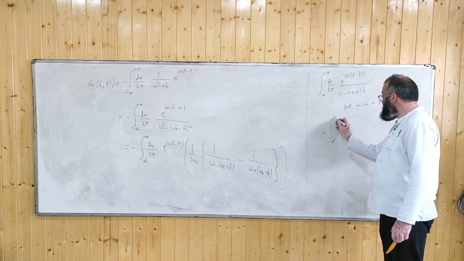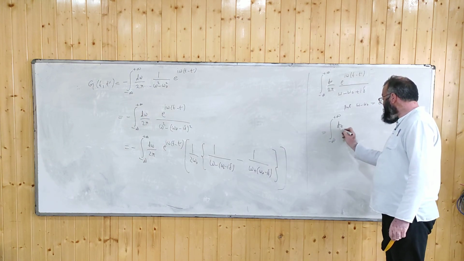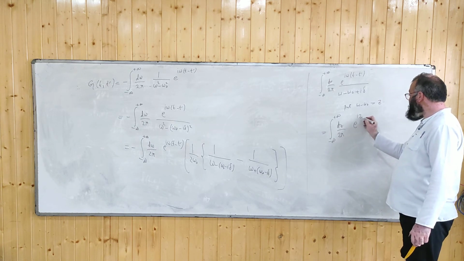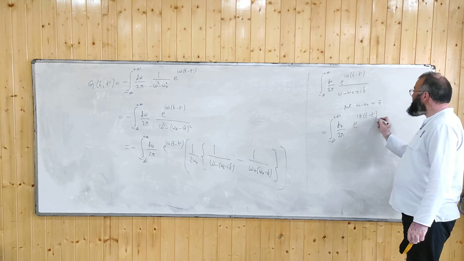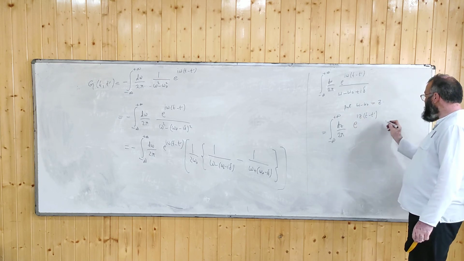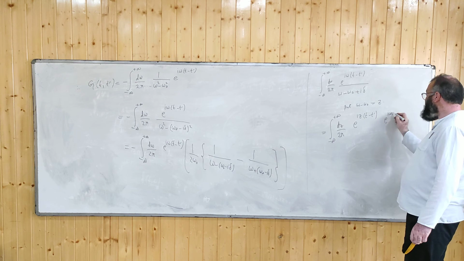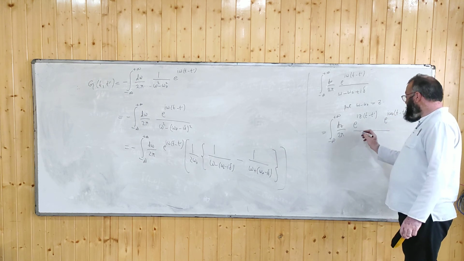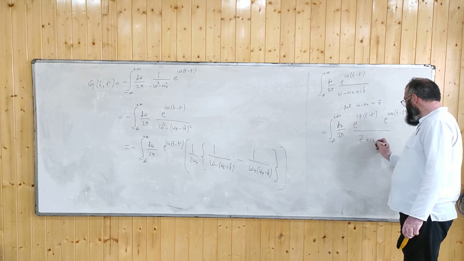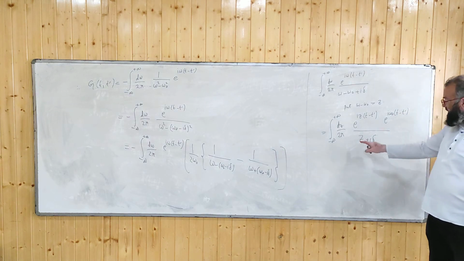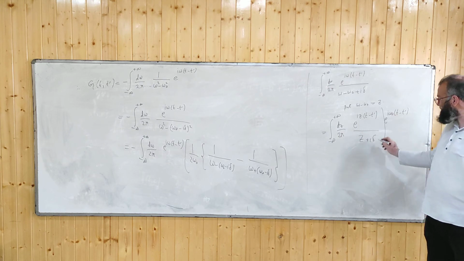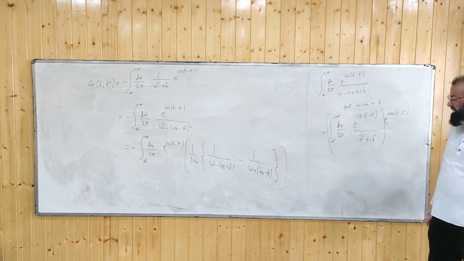Minus infinity to plus infinity dz divided by 2 pi, e raised to the power i z (t minus t prime), and there will be plus omega naught, so e raised to the power i omega naught (t minus t prime), divided by z plus i delta. Now you have integration over z, so this exponential is out of the integration. Understood?